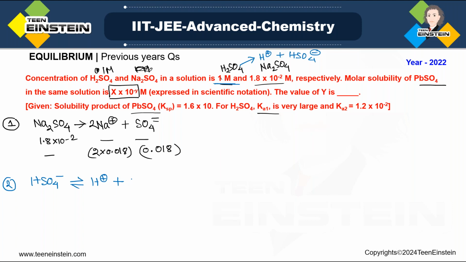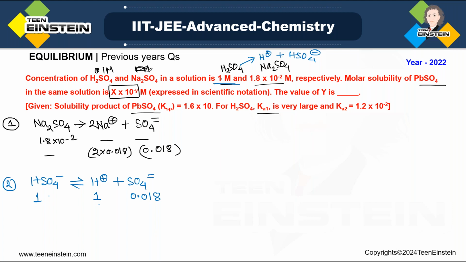So it will again dissociate to H plus and sulfate ion, right? Now this is having concentration 1 molar. This is also concentration 1 molar. And for SO4, this is 0.018, right? Now here is one interesting thing you have to understand. Look at the right hand side.